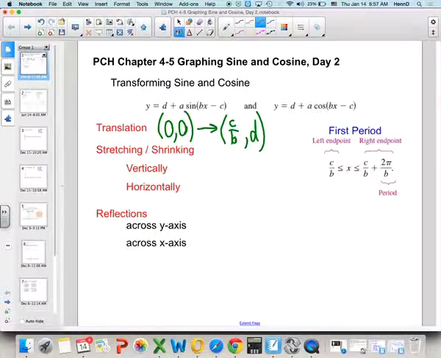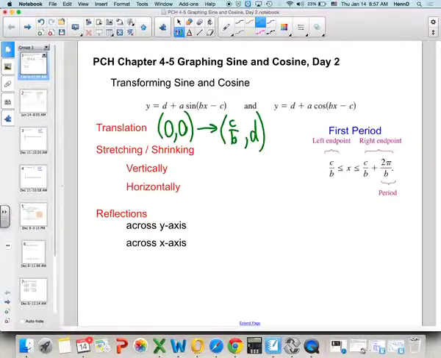Now, notice it still is a minus c, so you still take the opposite of what you see in the parentheses there for the horizontal shift. So that hasn't changed, okay? But we shift our origin over there, and then all the rest of the points have to shift there as well, okay? Now, stretching and shrinking.